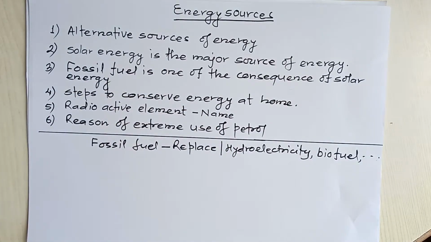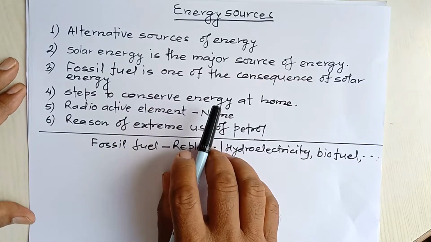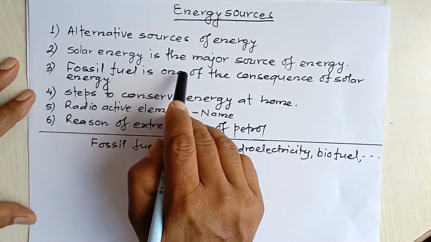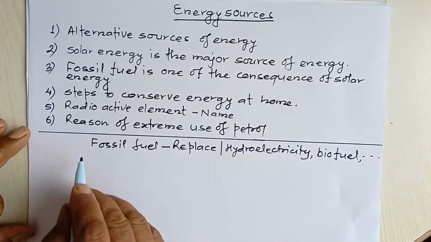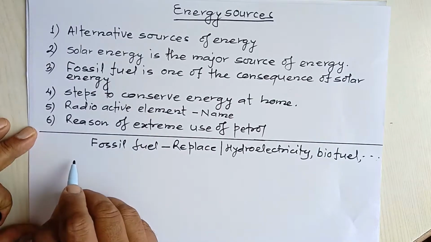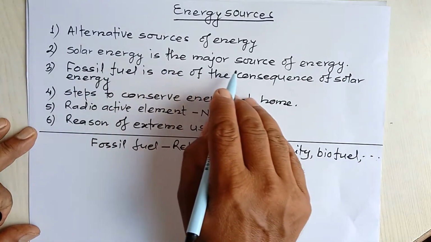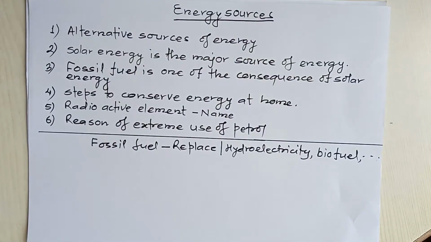Solar energy is the major source of energy. How can we say so? There are two major points. I'm talking about solar energy. How can we say that solar energy is one of the major sources of energy? We can say 2 points.